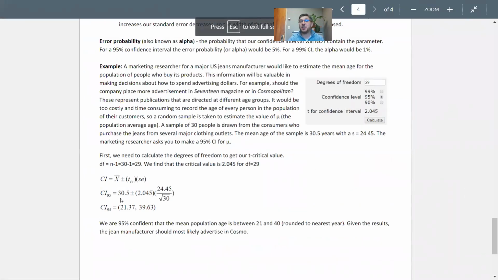Then we just plug into our formula: our sample mean plus or minus our critical value times our standard error. Remember, the central limit theorem defines the standard error as the population standard deviation divided by the square root of the sample size. We don't know the population standard deviation, so we substitute the sample standard deviation, 24.45, and divide it by the square root of our sample size.